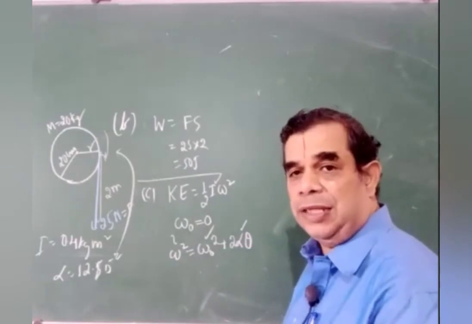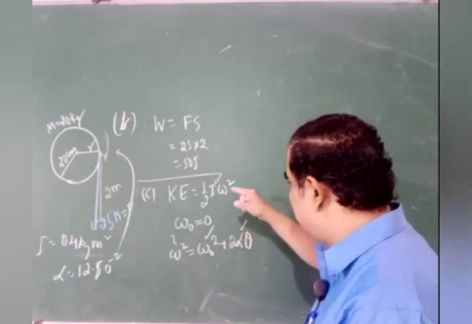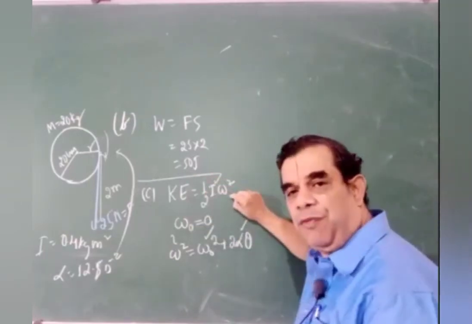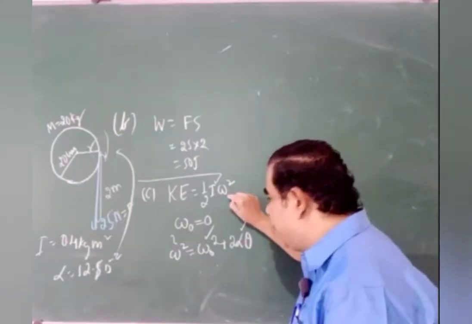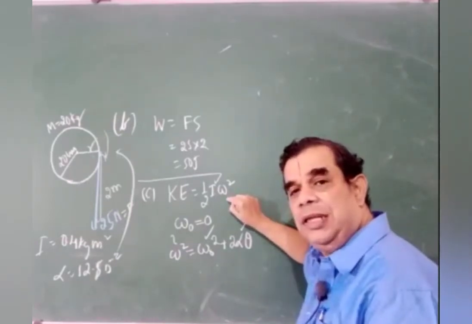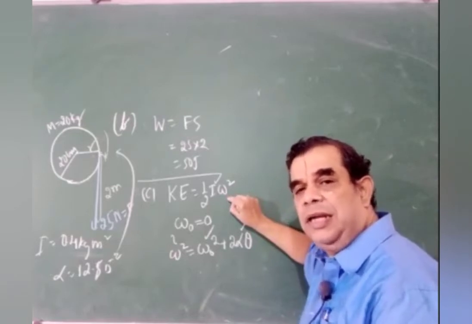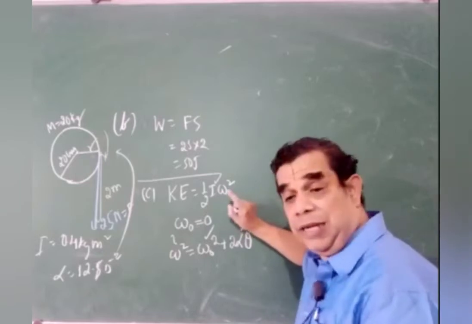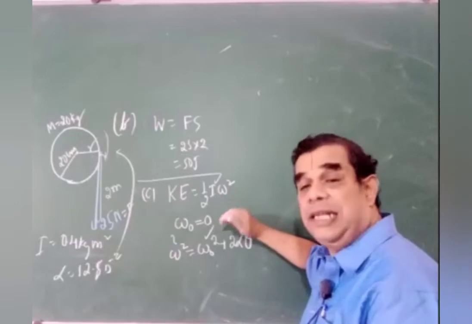Observe the analysis, how beautifully I arrived at the solution. We want kinetic energy. For that, I require omega. This type of logical thinking is very essential, my dear friends. For omega, I have three equations. In the first equation, omega equals omega naught plus alpha t, I don't know the time. If there is a point in finding the time, then you can use that equation also, but there's not much to find the time here.